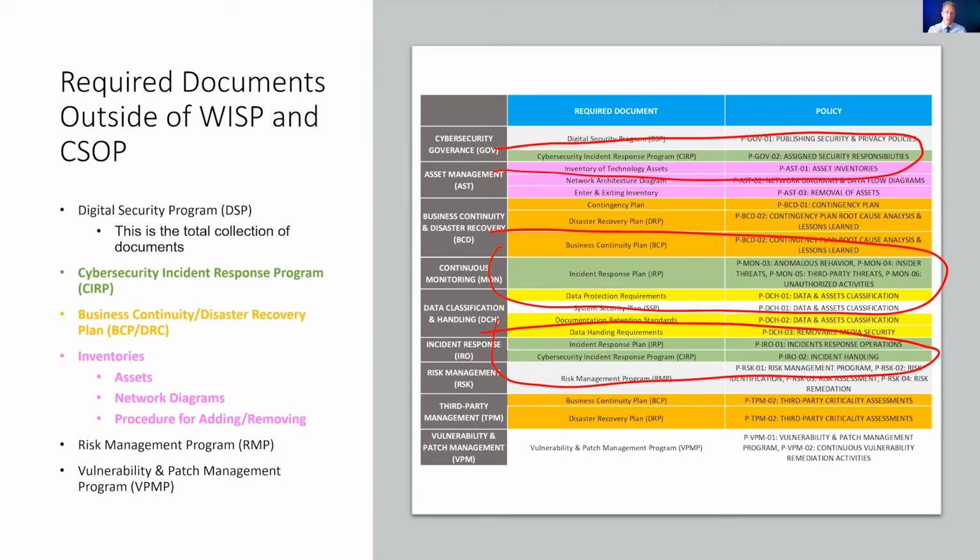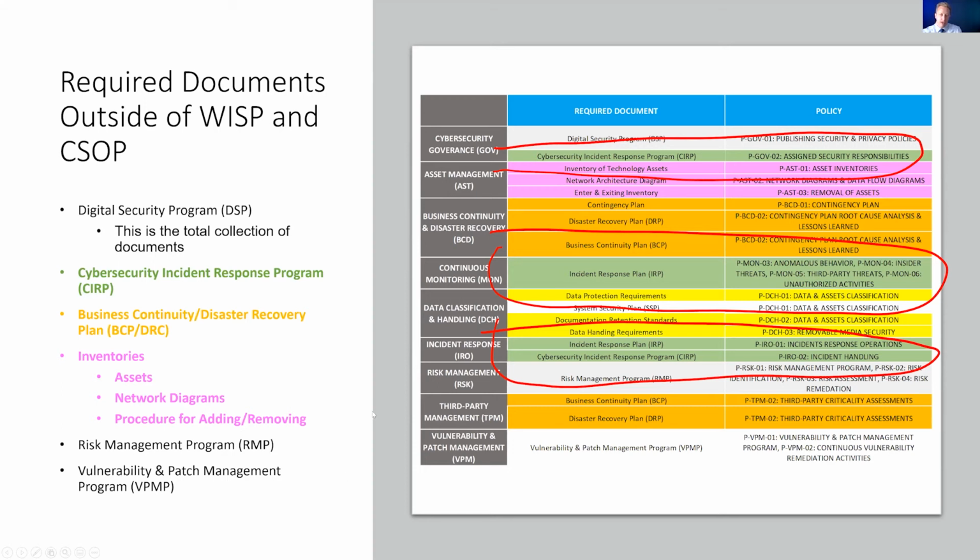Those two components go hand in hand, because often you're pulling out your continuity plan because of an incident. Those are two big pieces that we're going to want to focus on over the course of the next 2 to 3 months to make sure those are all brought up to speed, everybody's on the same page, and that they meet the procedural requirements of the NIST framework.